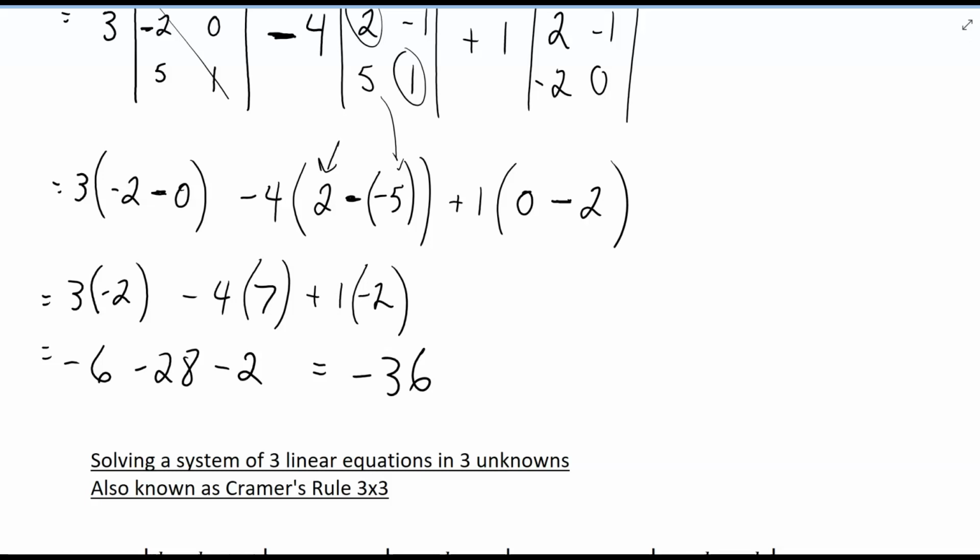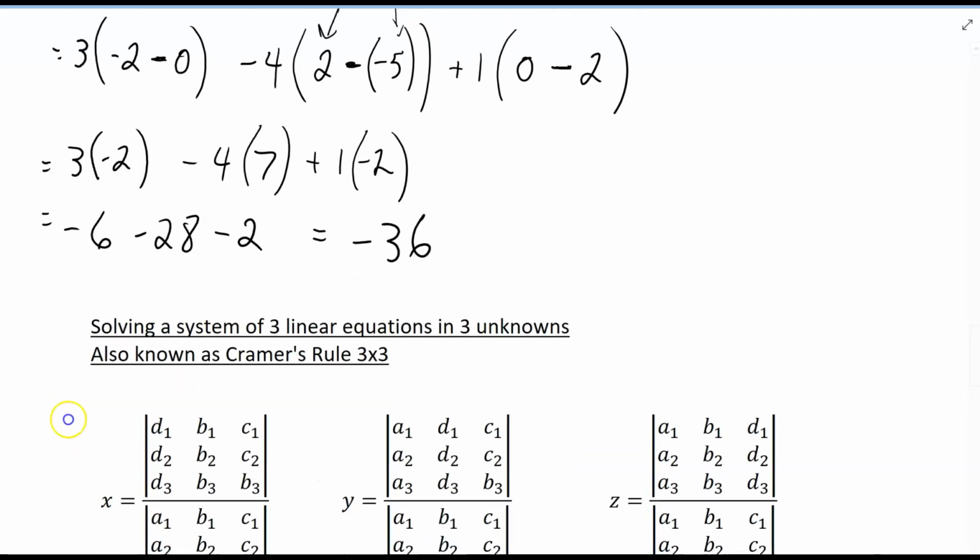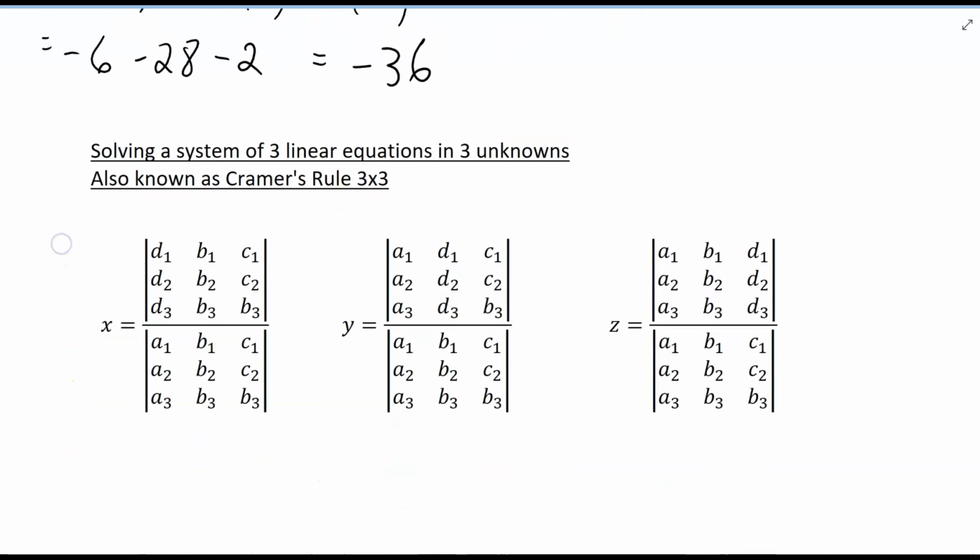Okay, so now that you have seen how to evaluate a 3 by 3 determinant, then when you see Cramer's rule, which looks like this, you can actually find each of the 3 values x, y, and z in a system of 3 linear equations with 3 unknowns, the unknowns being x, y, and z.